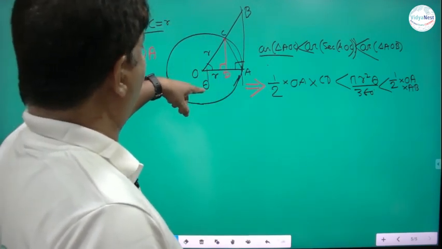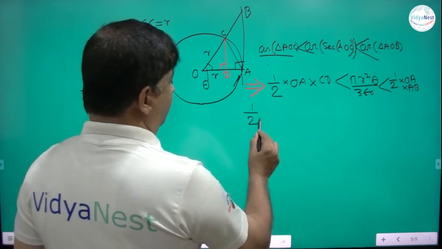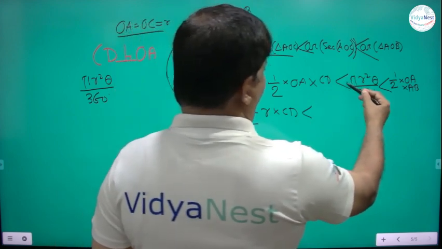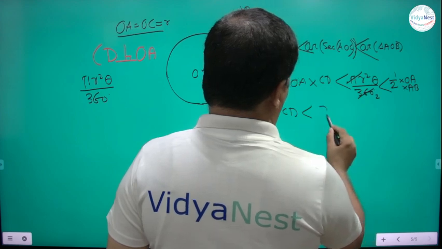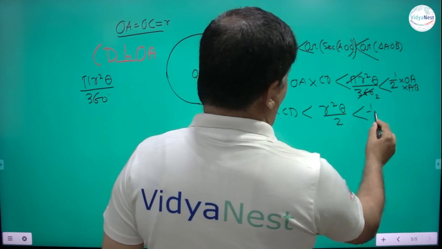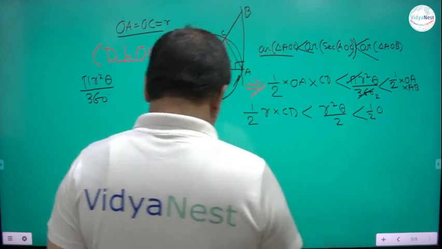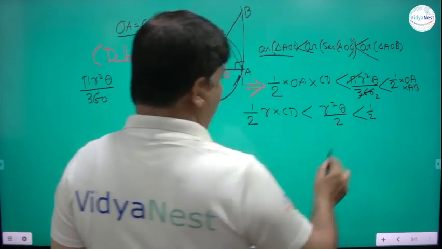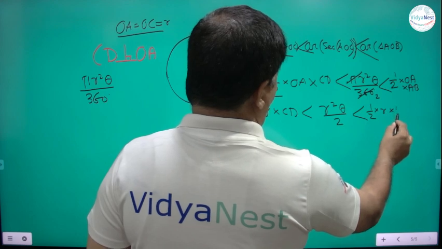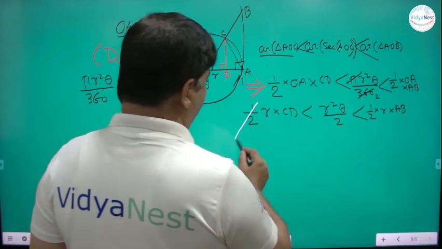Now OA means R. Half R into CD. Pi and 360 will get cancelled. R square theta by 2, half OA, again OA means R, R stands for radius, into AB. I can drop half from each side.